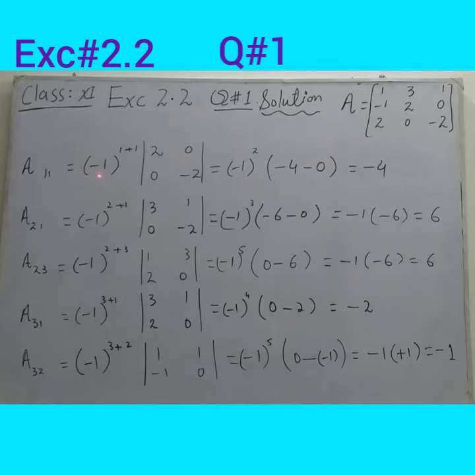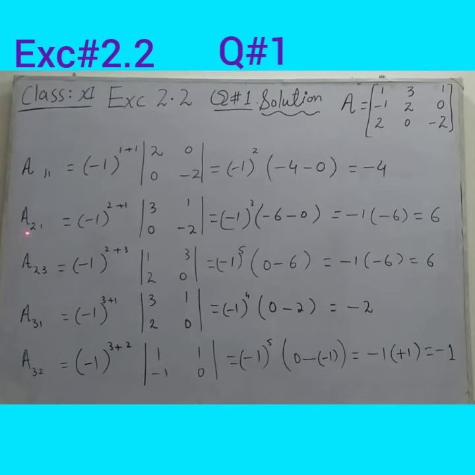We have minus 1 raised to power 1 plus 1 times the determinant of 2 0, 0 minus 2, which is 2 into minus 2 minus 0 into 0, that is minus 4. Minus 1 raised to power 2 gives plus 1. Plus 1 into minus 4 gives minus 4.